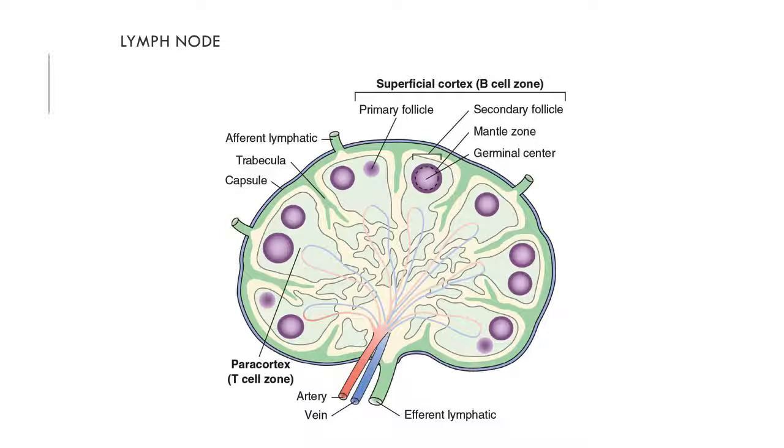Like normal lymphocytes, malignant B and T cells tend to go to the particular nodal sites where they normally would live, and that leads to characteristic patterns of involvement in that lymph node.